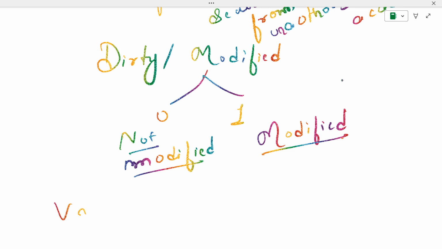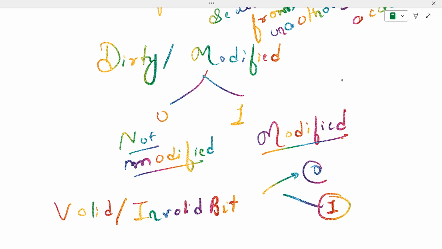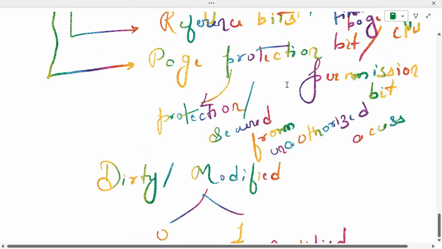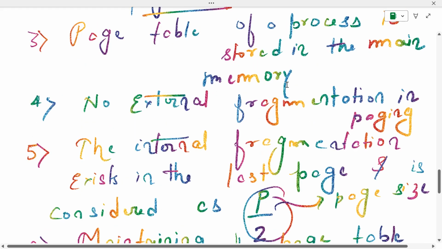Then the valid or invalid bit can also be 0 or 1. 0 says that the page is not available in the main memory, and 1 says that the page is available in the main memory. So these are the other bits present in the PTE along with the frame number.